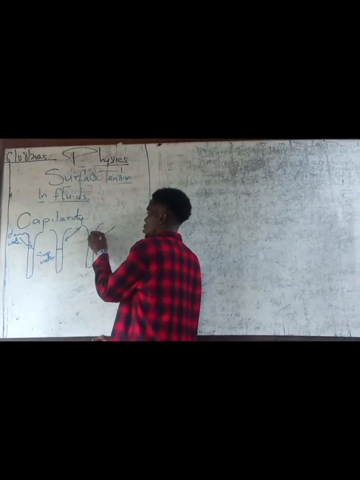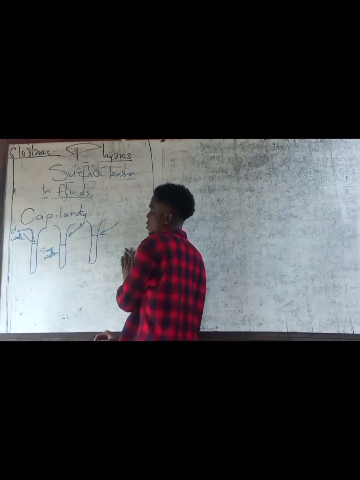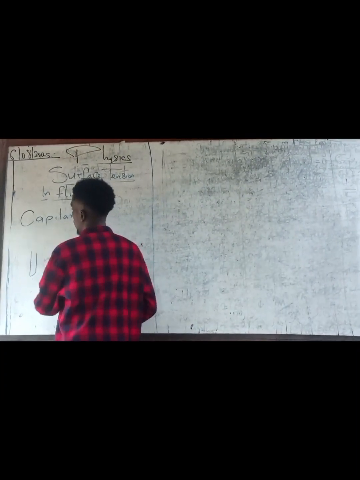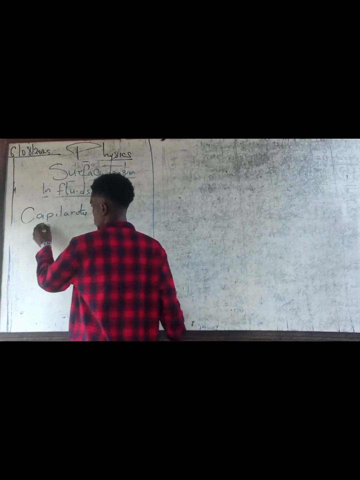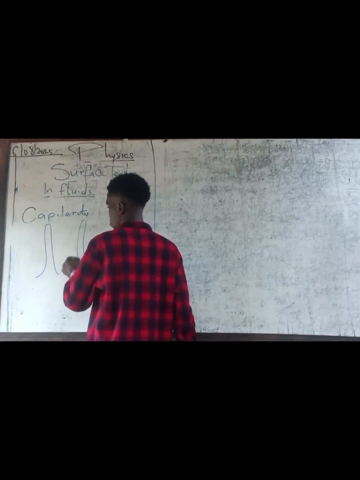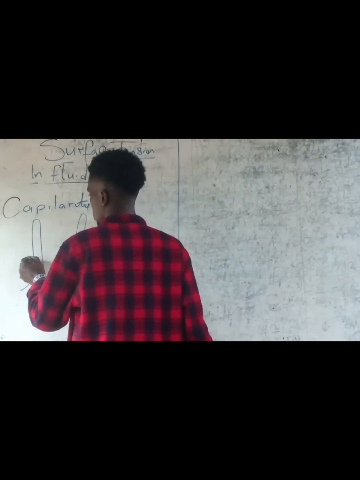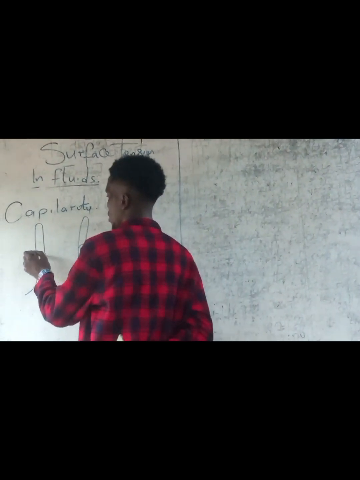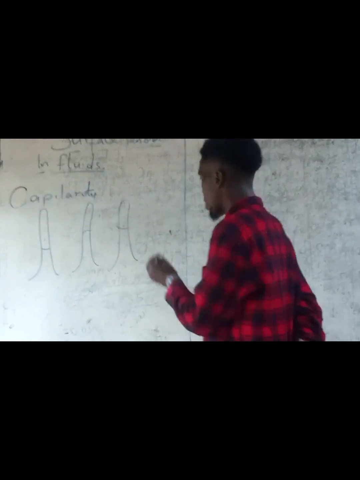Or to make it more practical, or for you to understand it better, you have 3 test tubes. This is clean water, this is soap water, and this is, let's say, mercury.